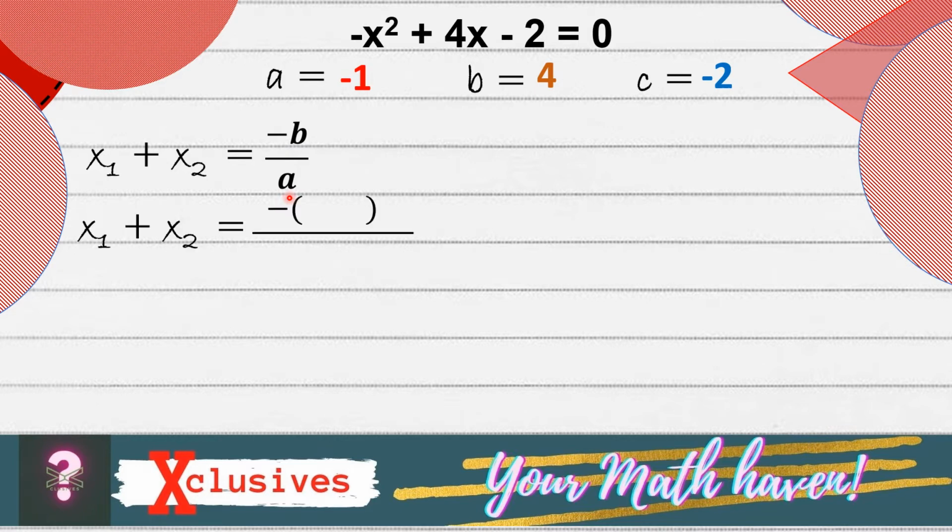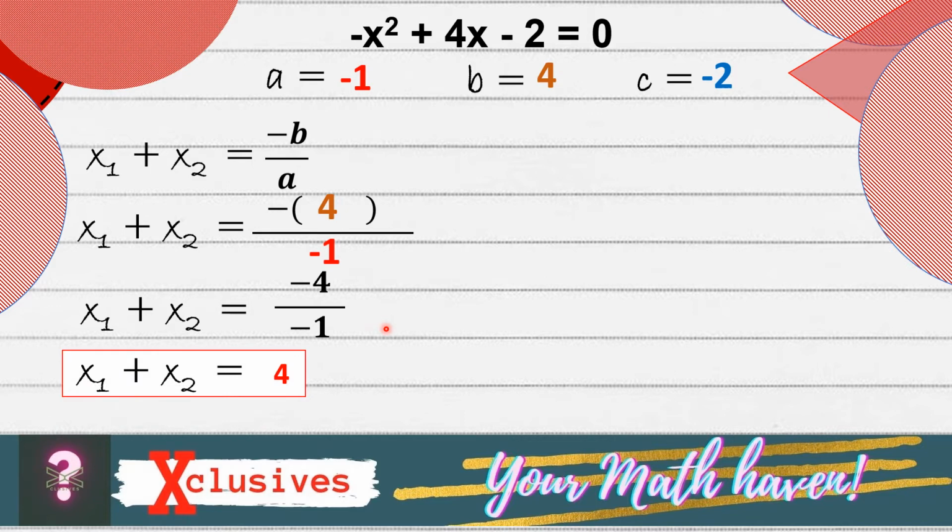So by substituting, we can substitute the value of b, and that is 4, all over a, and that is negative 1. Now let us simplify. Negative times positive 4, that is negative 4, all over the negative 1. So our sum is positive 4. And this is now our sum of the roots.